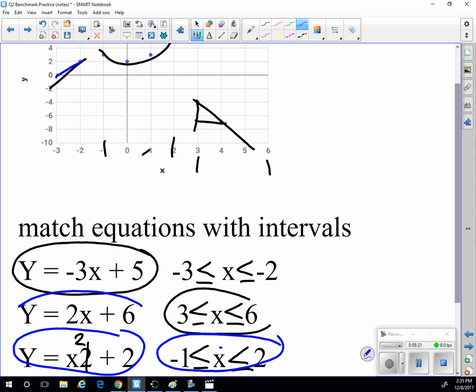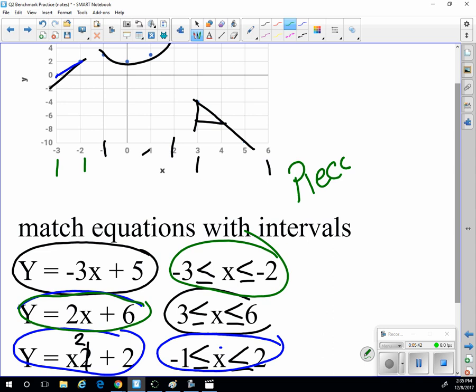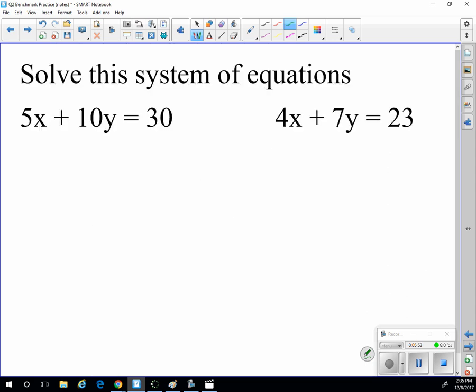So this one goes from negative 3 to negative 2. So that's the interval that we have that equation on the graph. And this is called piecewise. That means we have different regions that have different functions or equations to describe that area.